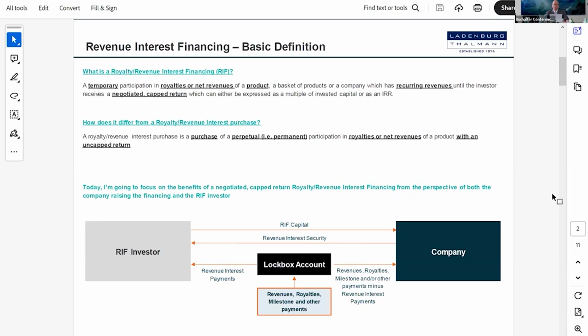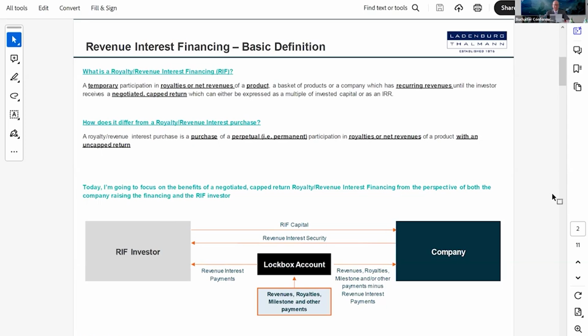This, you'll see for companies, is a very reasonable cost of capital. For commercial stage companies, the cost of capital is sort of low teens. The same cost as term debt, or perhaps 150 basis points higher, with some real benefits versus term debt. And that's what I'm going to be talking about.